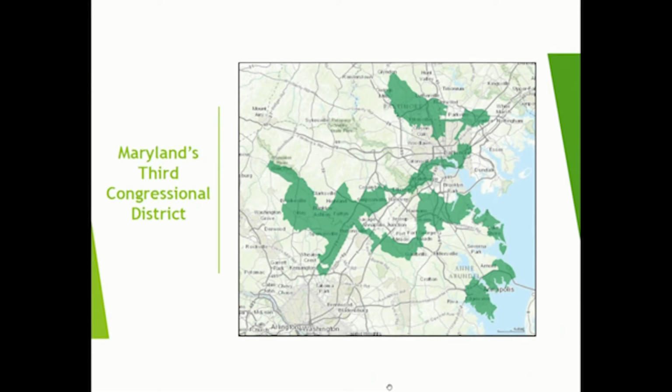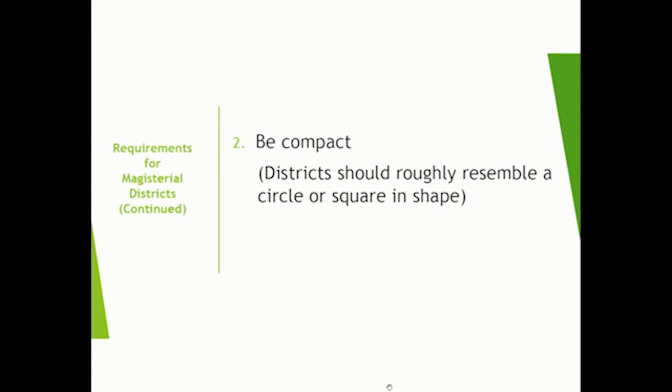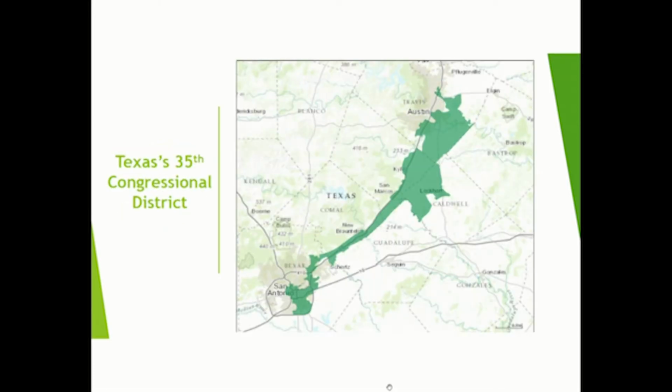However, there's another rule which is that it has to be compact, and compact means as close to a circle or square as you can get. That never happens unless you're in Utah. But you try to at least be as compact as possible.